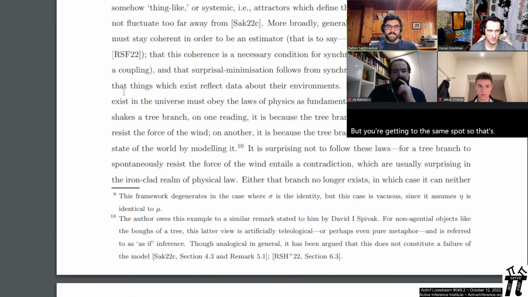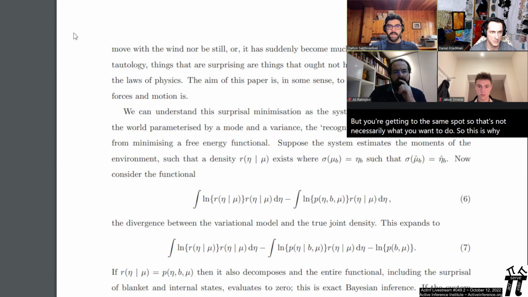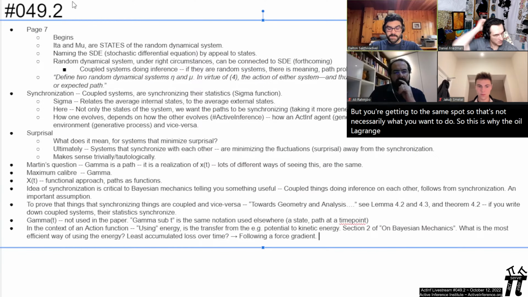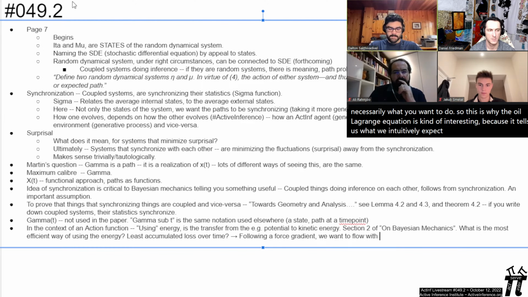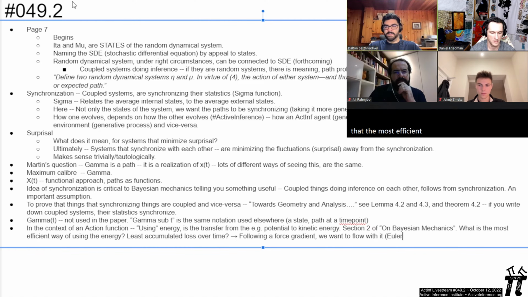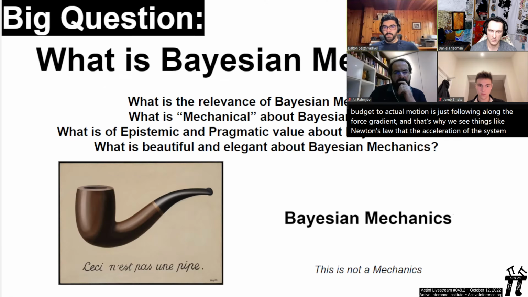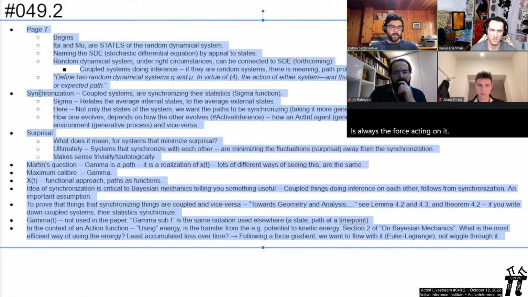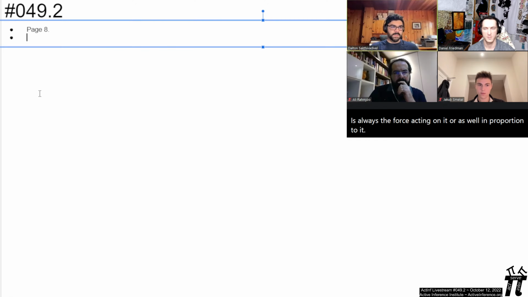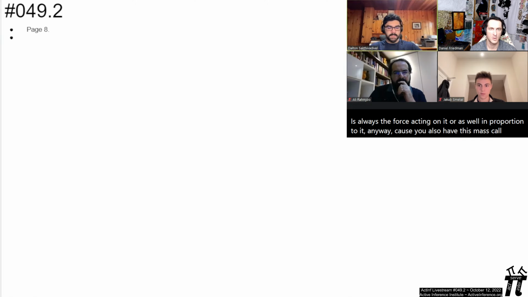So that's not necessarily what you want to do. This is why the Euler-Lagrange equation is interesting, because it tells us what we intuitively expect: the most efficient way of transferring an energy budget to actual motion is just following along a force gradient. And that's why we see things like Newton's law, that the acceleration of a system is in proportion to the force acting on it, because you also have this mass constant.